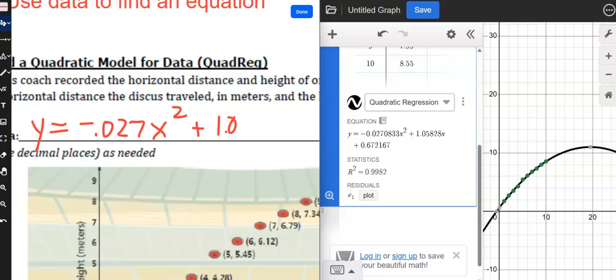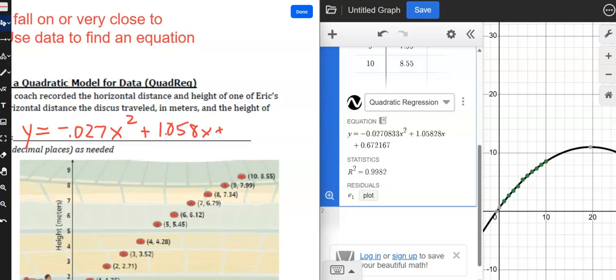Plus 1.058 x plus 0.672. That's my equation. You can see it's right here. All I did was round it off to the thousandths place. They may ask me to do more things with it, but at least I know where I found it.